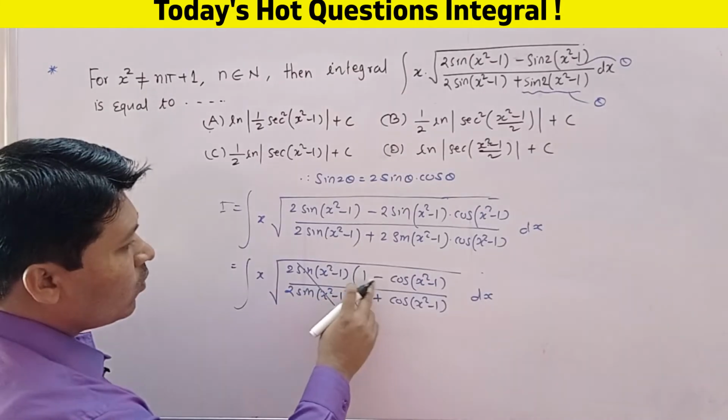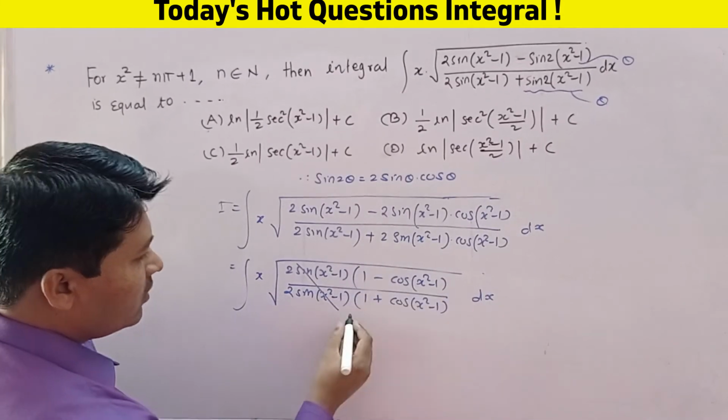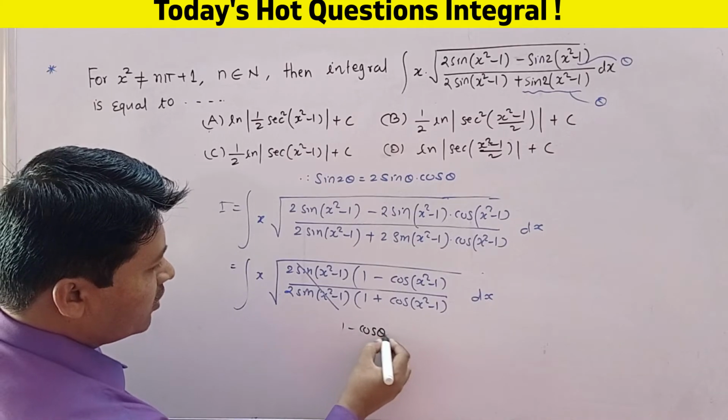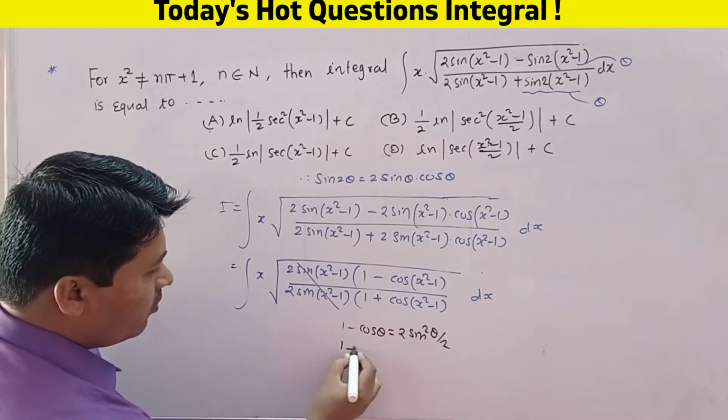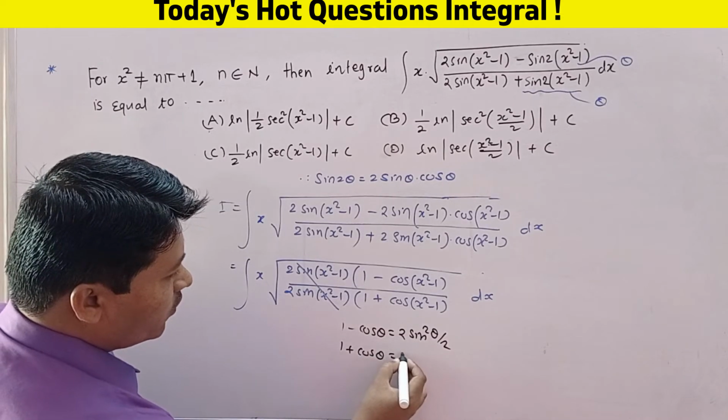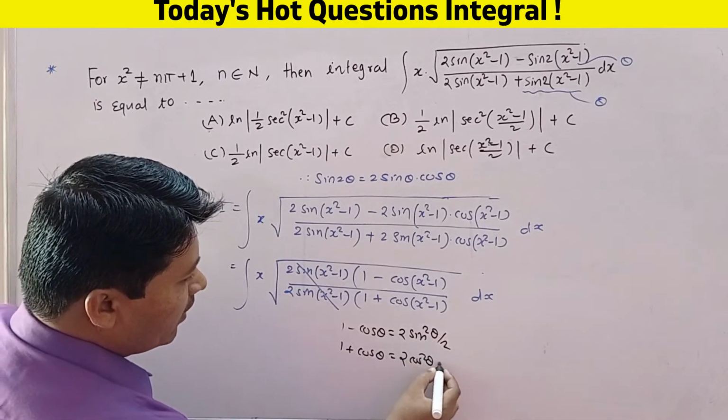We know that, with theta, 1 minus cos theta is equal to 2 sin squared theta by 2, and 1 plus cos theta is equal to 2 cos squared theta by 2.